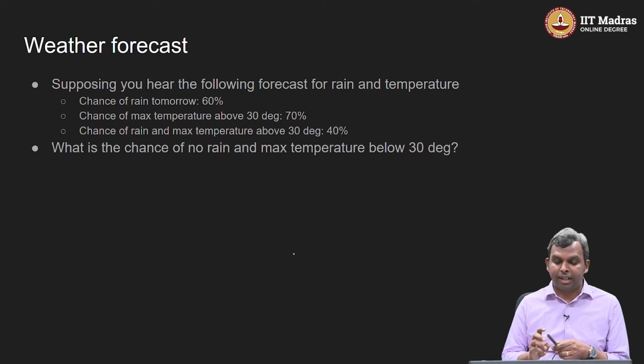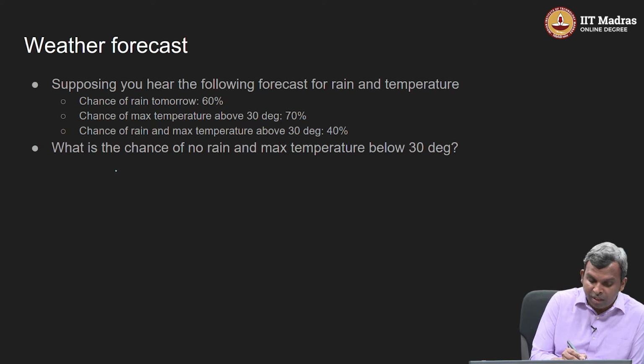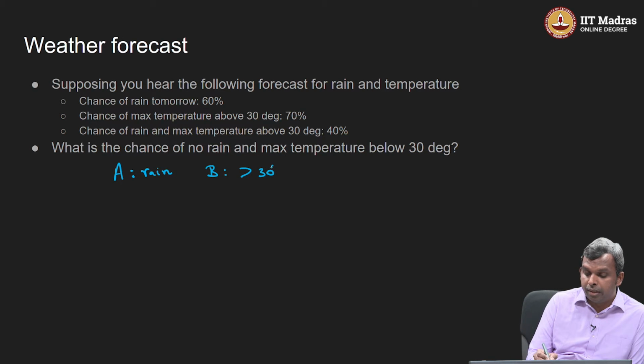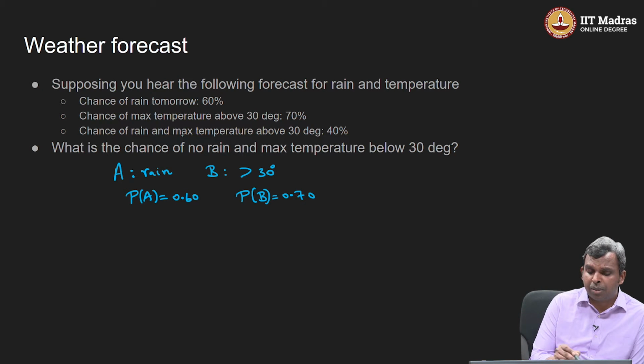Okay, so let us start writing this in terms of events. Let us say event A is that there is rain, event B is that the temperature is greater than 30 degrees. Now probability of A is given as 0.60, probability of B is given as 0.70, and what is this third piece of information?